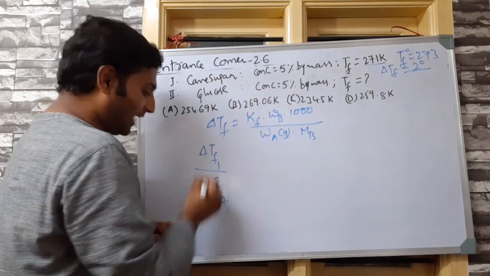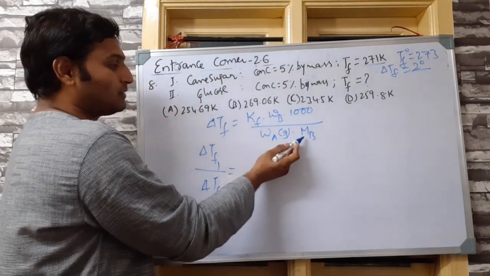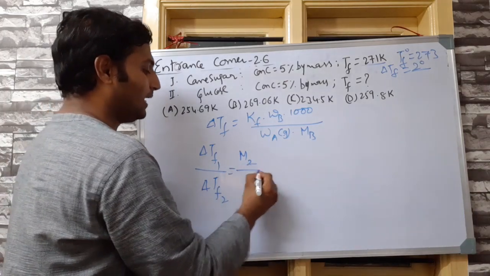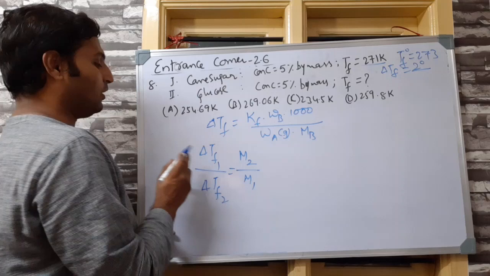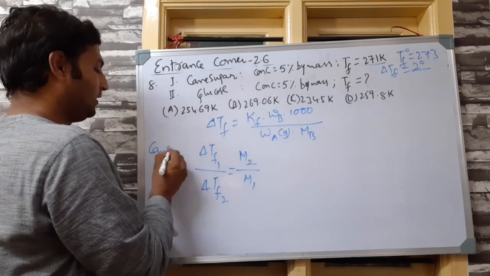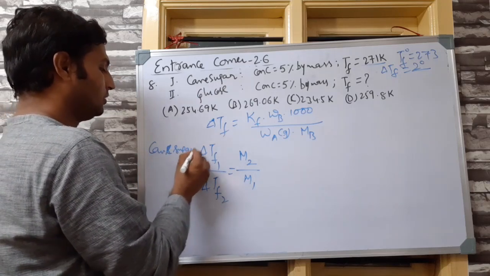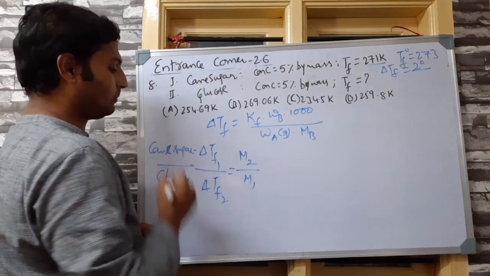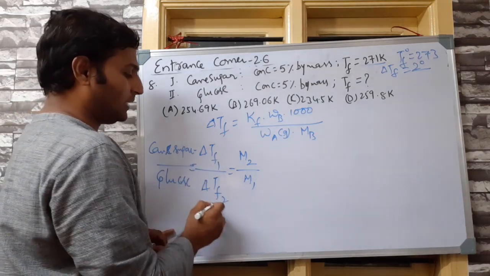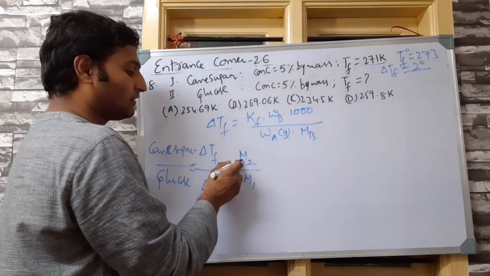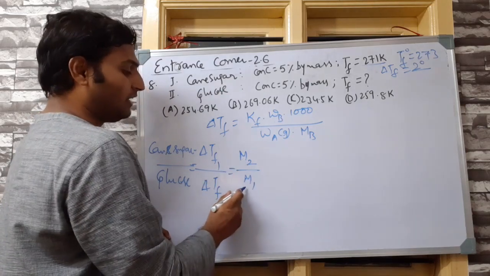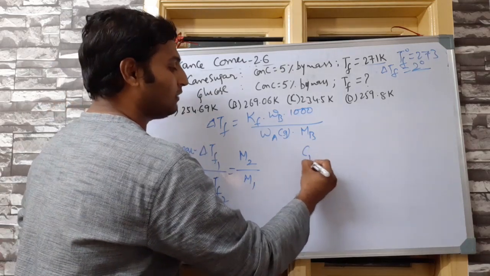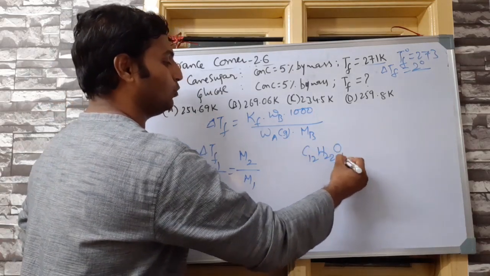That means it will be only molar masses of solutes that will be different for both. So if I take the ratio of these two, because molar mass of solute is in the denominator, I will end up getting M2 by M1. I am assuming 1 as cane sugar, 2 as glucose. Then delta TF1 by delta TF2 will be molar mass of second one, that is glucose, divided by molar mass of first one, that is cane sugar. Now cane sugar formula is C12H22O11.